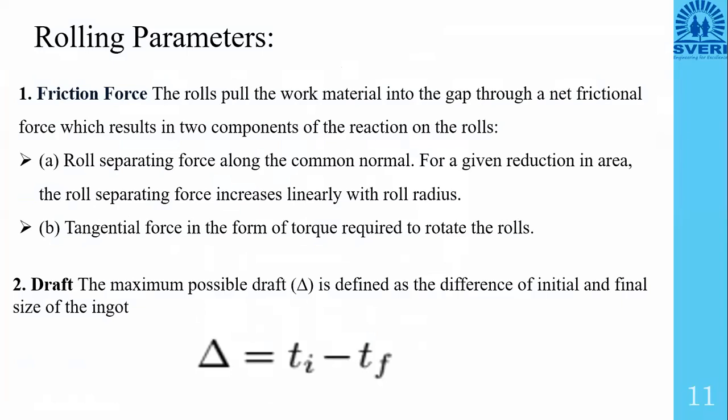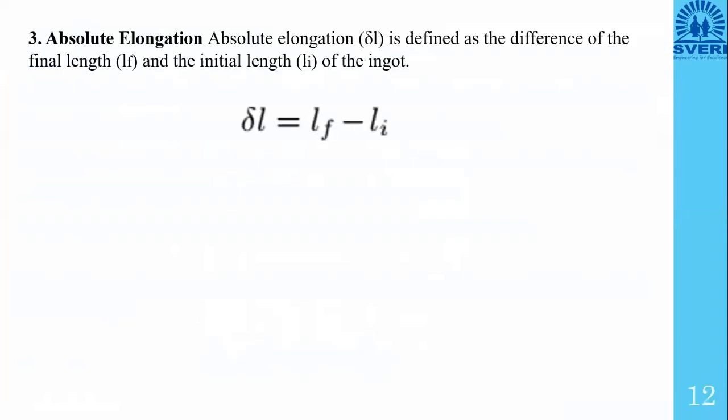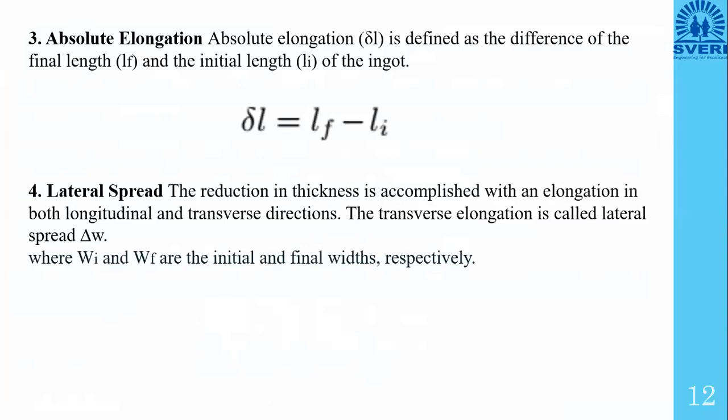Draft is nothing but reduction in thickness. Then elongation, how much length is increased. Then lateral spread, because as thickness is reduced, length and width are going to be increased. So that we have studied.